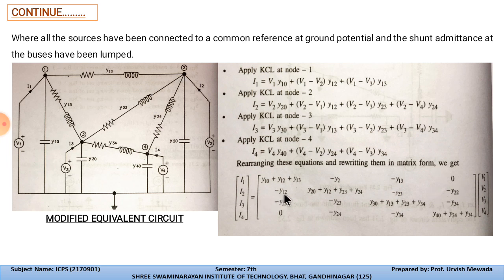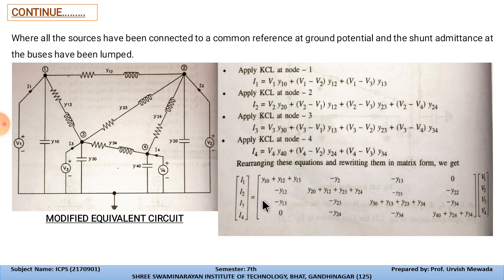Similarly for I2, the off-diagonal is minus y12, and the diagonal element is y20 plus y12 plus y23 plus y24. So these are the admittances of node number 2. We consider all the diagonal elements of the matrix as positive, and for the rest of the elements, if there is a link, it is considered as minus.